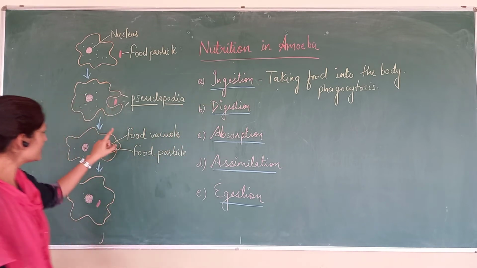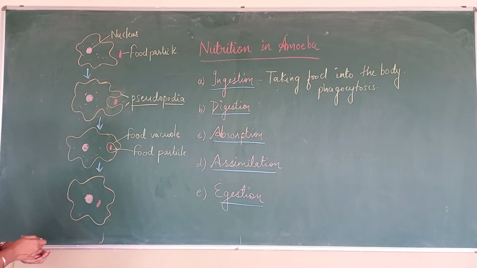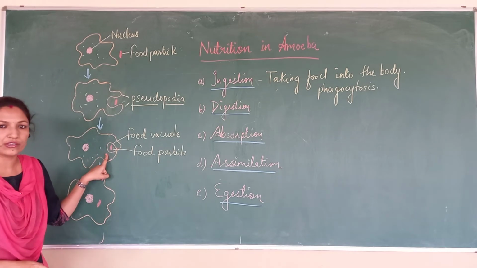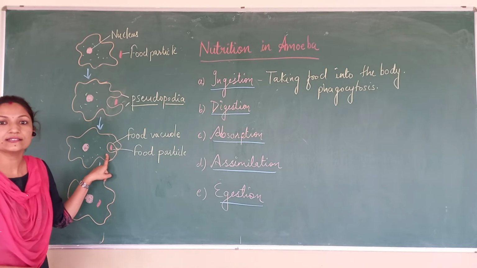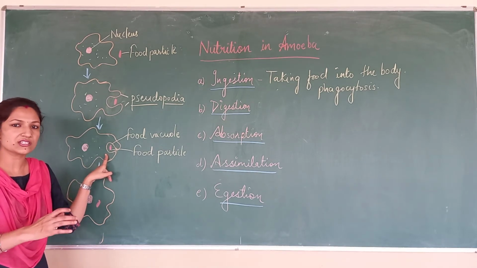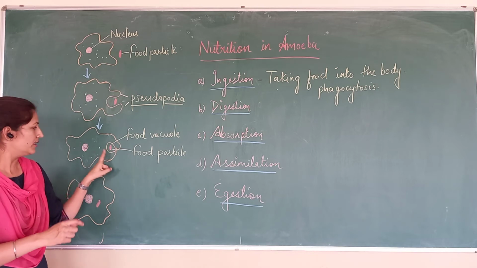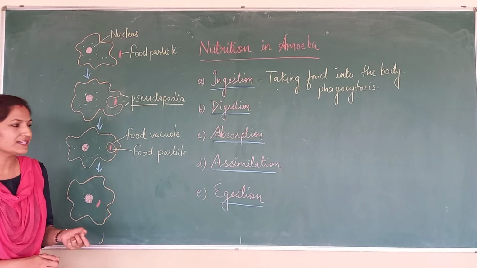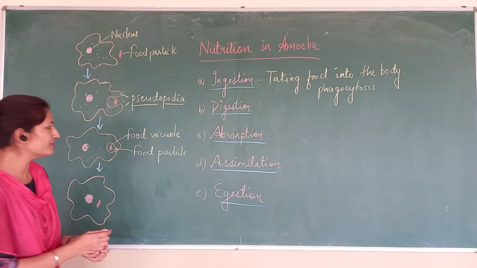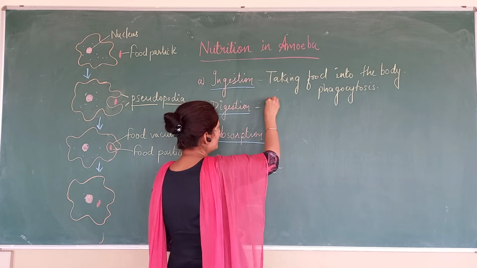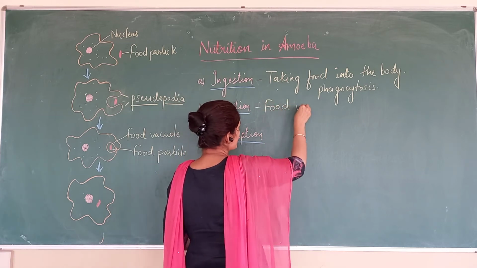After taking the food, as you can see over here, it is trapped in the food vacuole. This food vacuole acts as a temporary stomach, because it is a single cell, we are just relating the structures. It acts as a stomach, and what happens in the stomach? Digestion. So the digestion of the food in the case of amoeba is going to occur in the food vacuole.